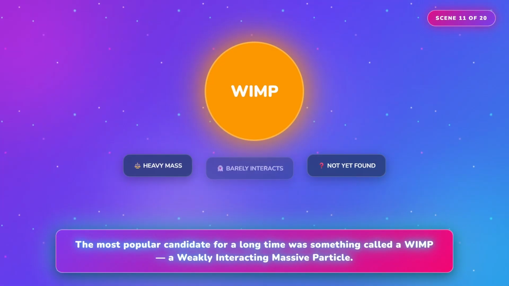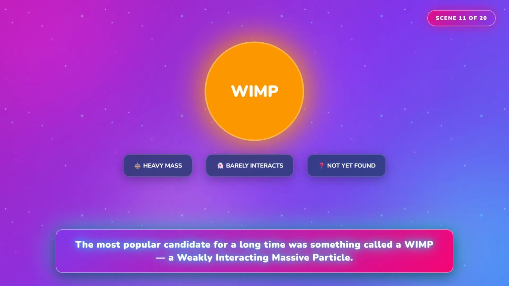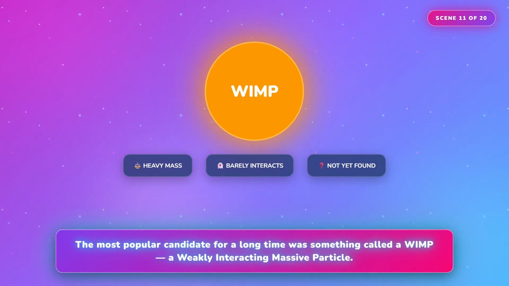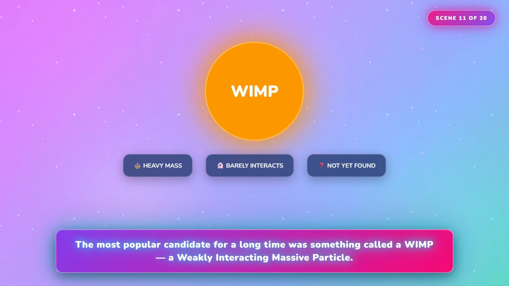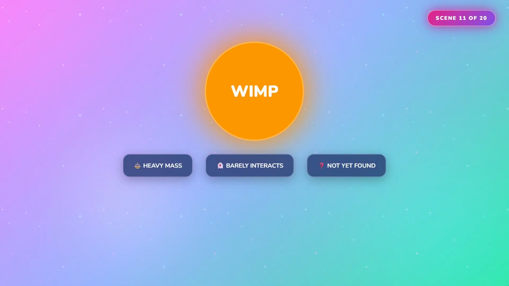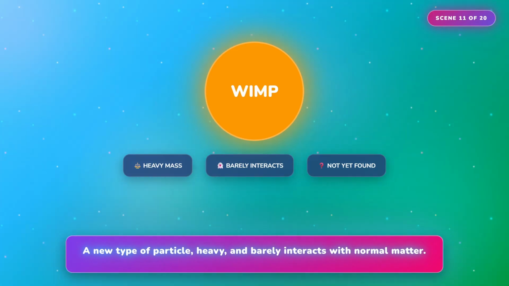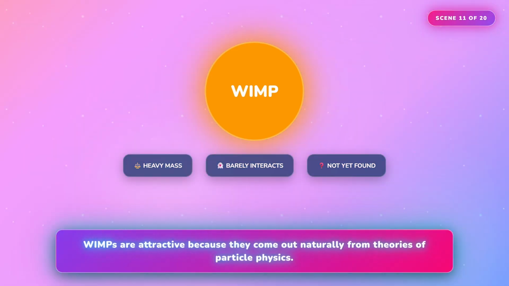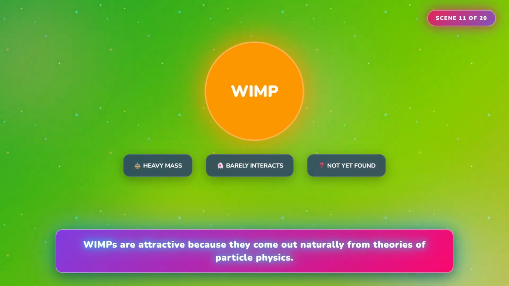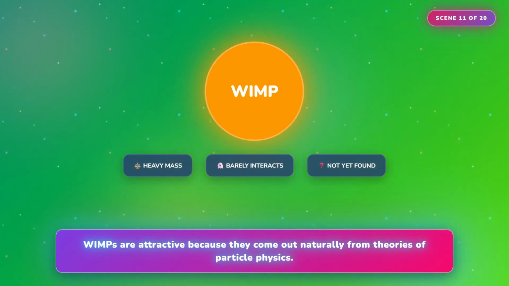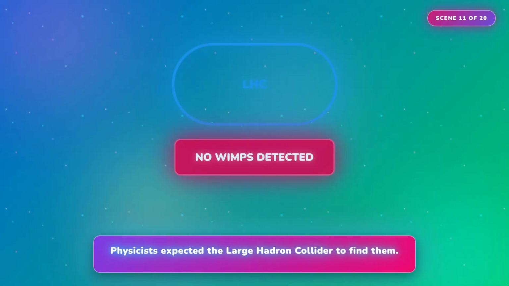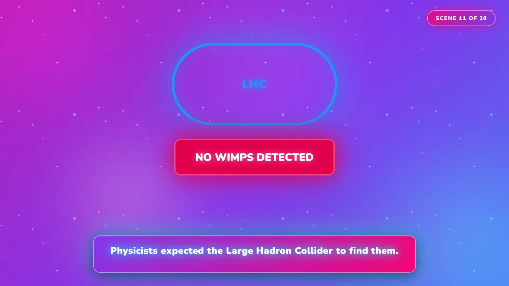The most popular candidate for a long time was something called a WIMP, a weakly interacting massive particle. A new type of particle, heavy, and barely interacts with normal matter. WIMPs are attractive because they come out naturally from theories of particle physics. Physicists expected the Large Hadron Collider to find them.